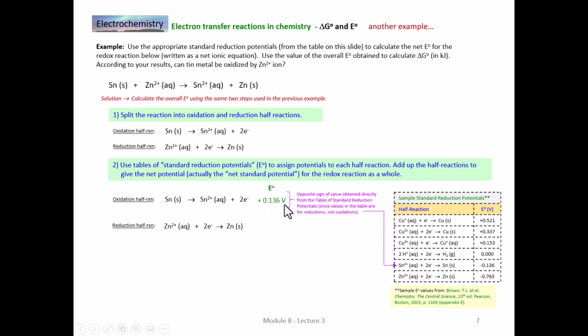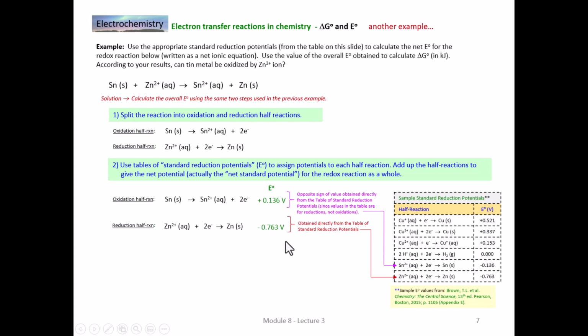And then we look for the reduction of zinc 2+ to zinc in the table. We've seen that before. It's right here. And since it's written in the table as a reduction and the reaction we're looking at is a reduction, we can read the value right off the table. It's minus 0.763 volts.